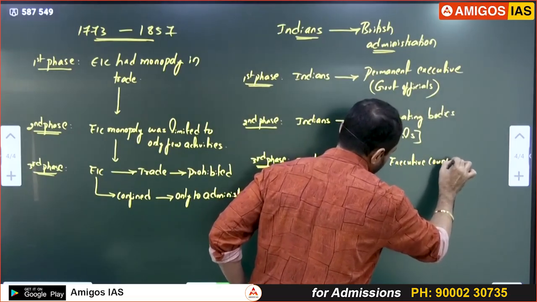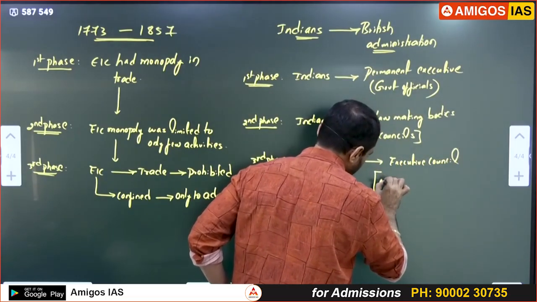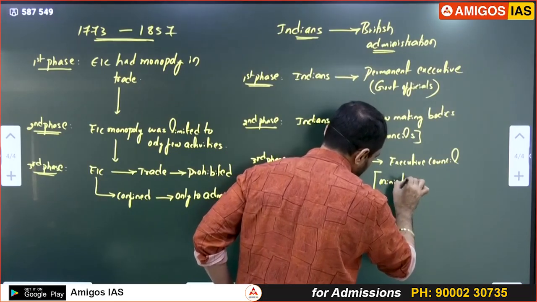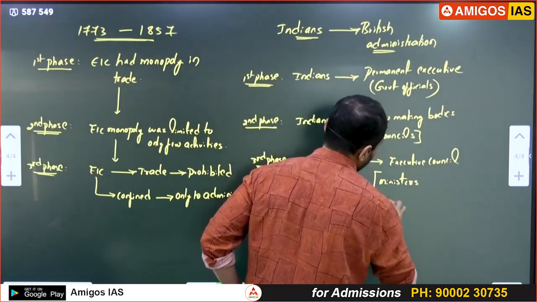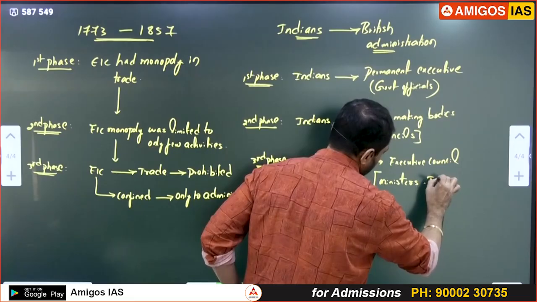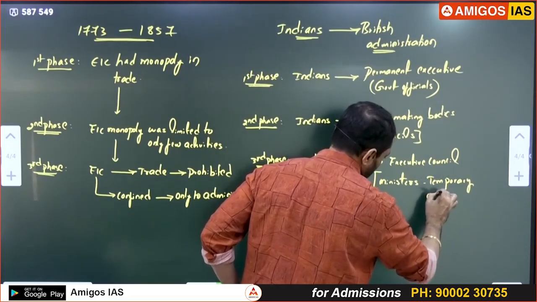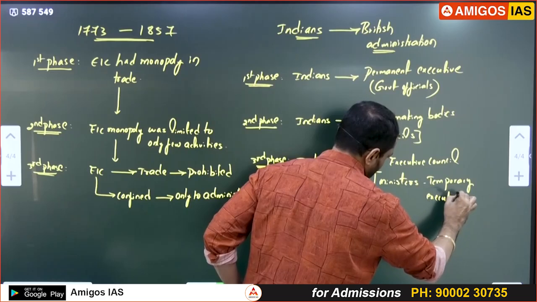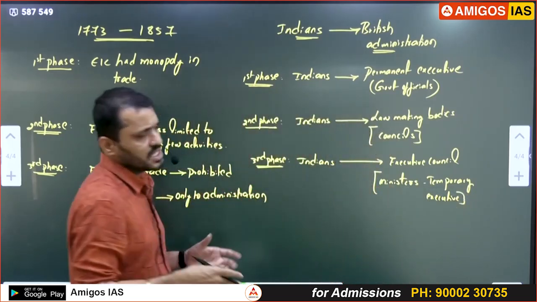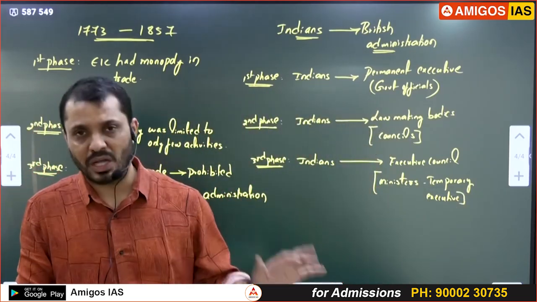Executive council is nothing but, for your easy understanding, ministers. So temporary executive. Indians started becoming ministers. This was the last opportunity Indians got, and later we got our independence and we formed our own government.